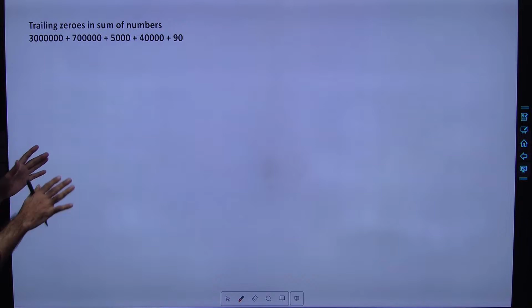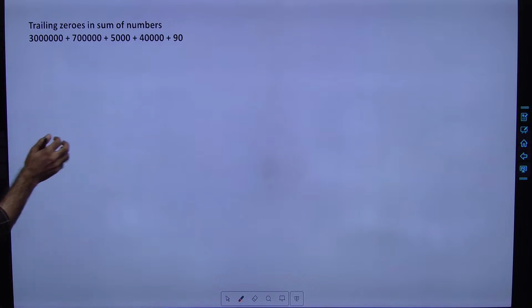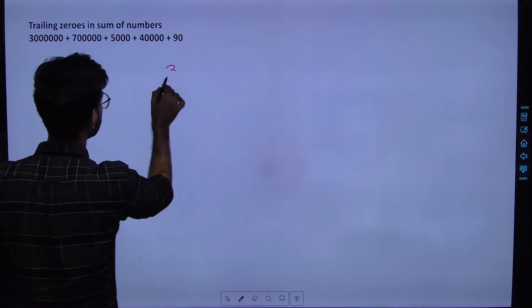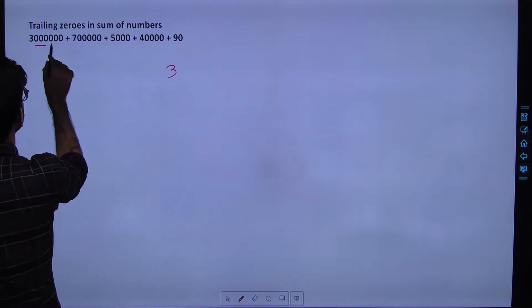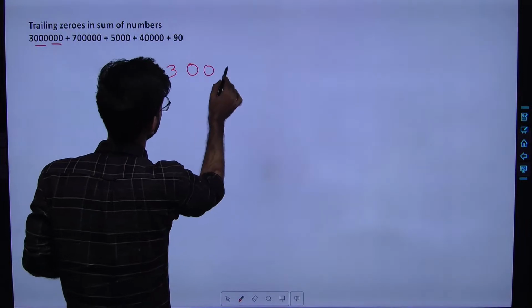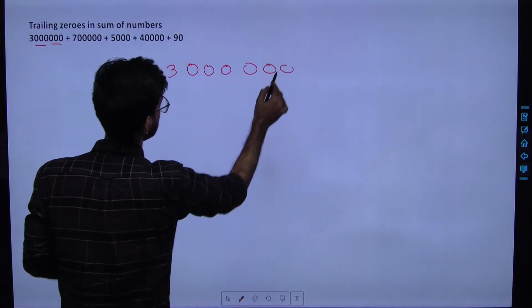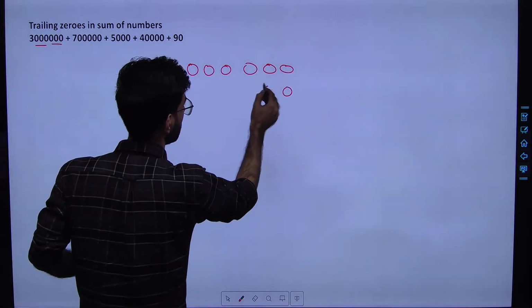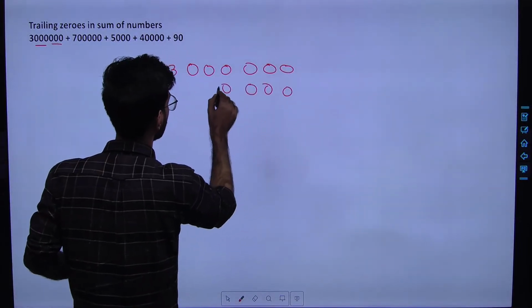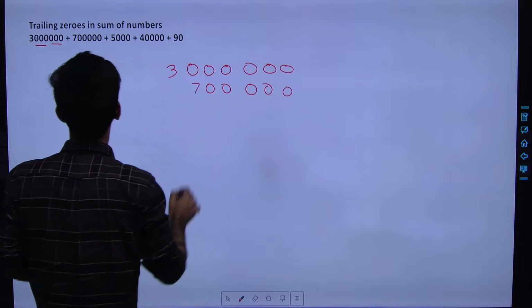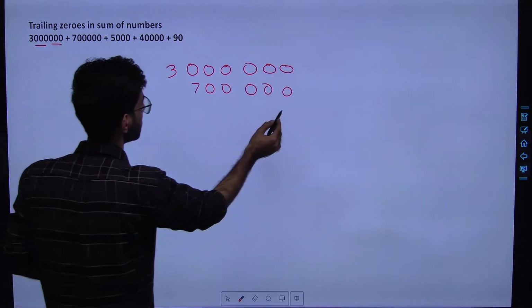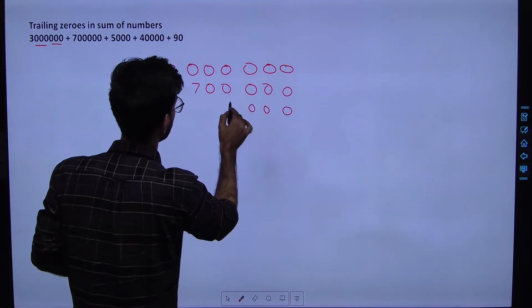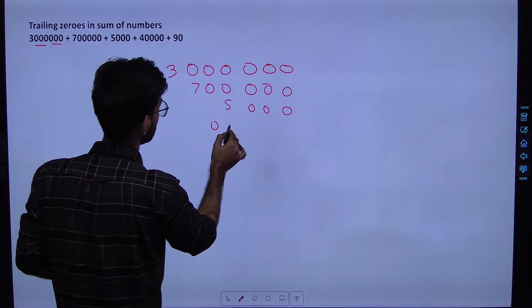If you are not able to think directly, let us think in this way. 3, there are how many zeros? 3, 3, 6. Okay. 6 zeros. Then 7, 5 zeros. 1, 2, 3, 4, 5 zeros. 7, 5,000. Okay. 40,000.